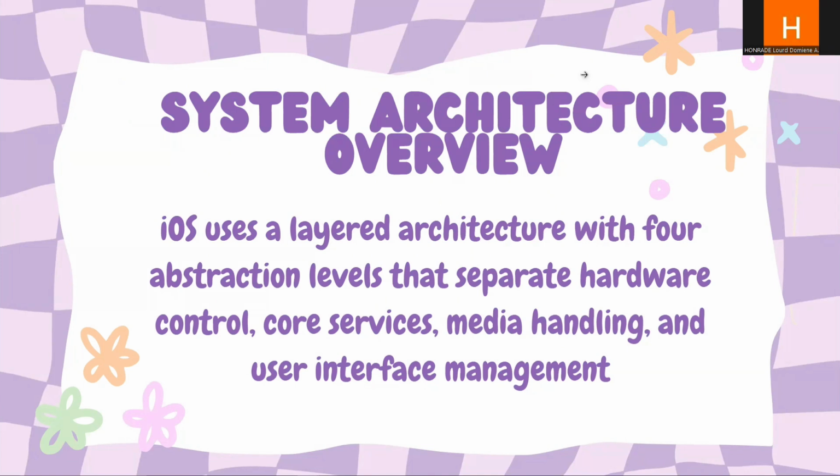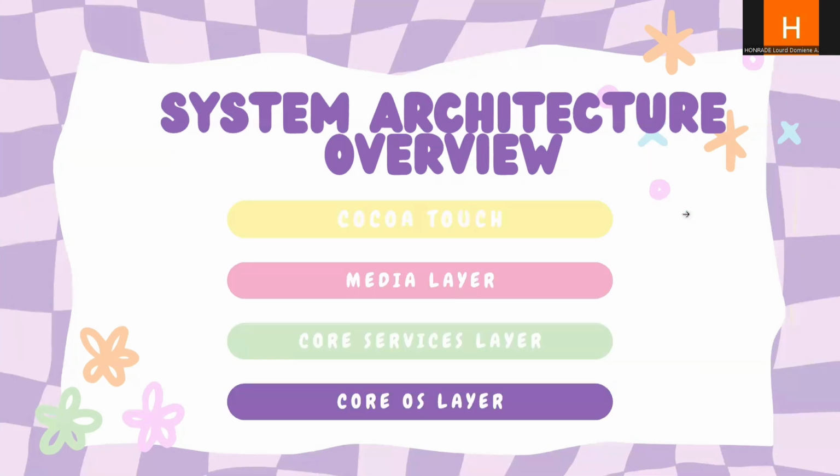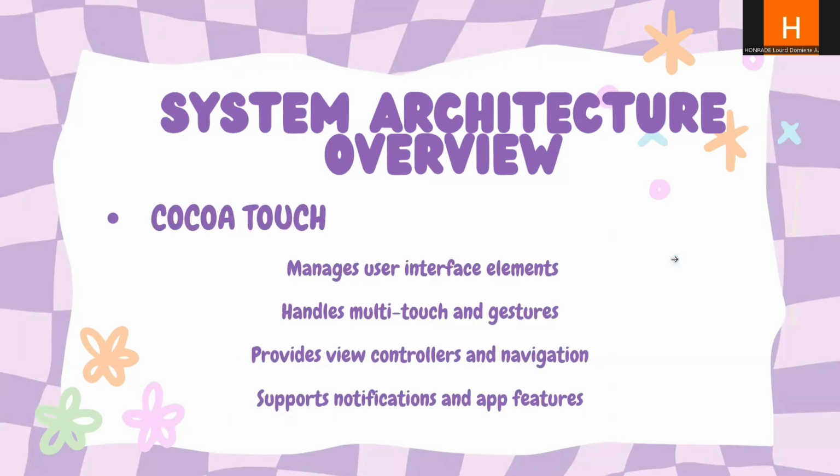Now, iOS is built on a system architecture that is divided into four main layers, each with its own role in making your iPhone or iPad work smoothly. These layers are called Cocoa Touch, Media Layer, Core Services Layer, and Core OS Layer. Start from the top, with Cocoa Touch. This is the part you actually see and interact with.